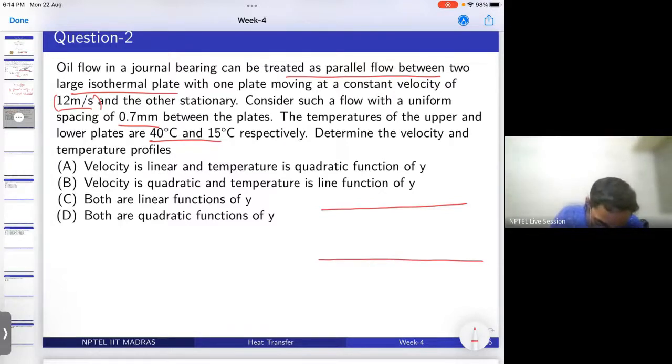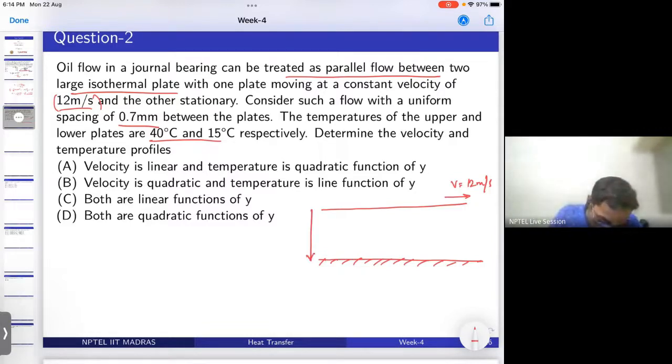So this plate is moving with the velocity given as 12 meters per second, and this plate is stationary. And the height, I'm not taking the values now. I am deriving it in general terms so that at last you can substitute the values.